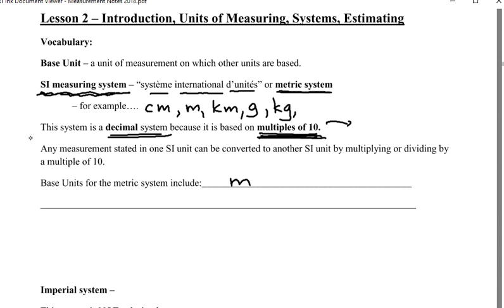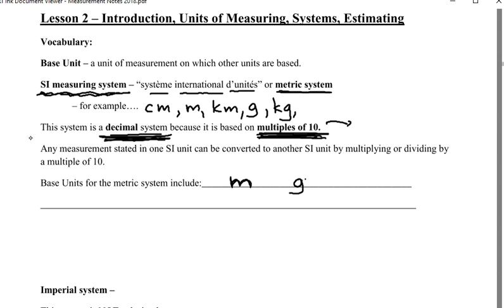If we're doing how much something weighs, the mass of it, we talk in terms of grams. But grams, like meters, have smaller versions, a centigram or a milligram. Larger versions of a gram is like a kilogram. So metric system, everything's based on this decimal system and multiples of 10.